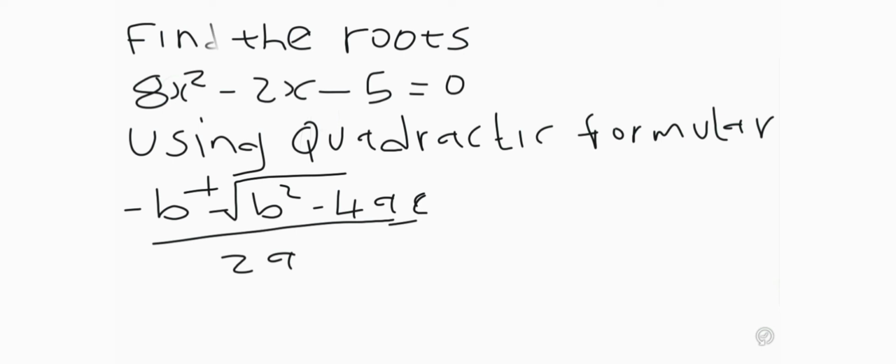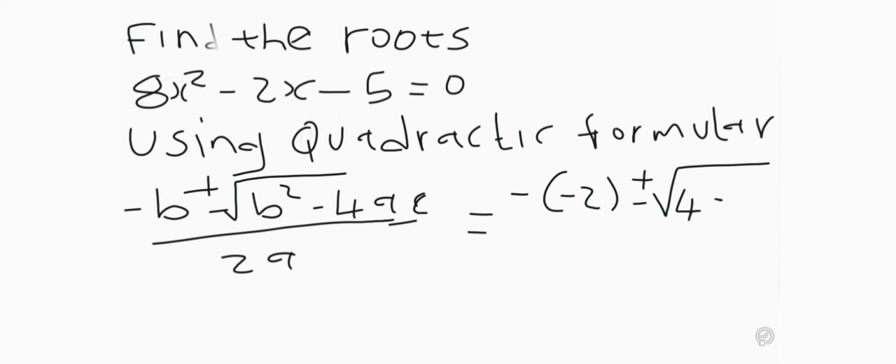Okay, you're going to put it into this formula now. For b, we have minus into bracket minus 2, plus or minus the root of minus 2 squared. Minus 2 times minus 2 gives us 4.